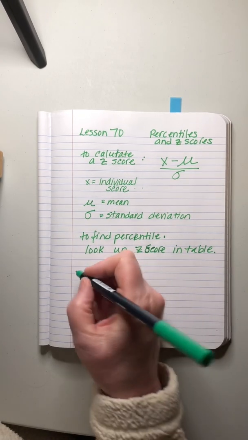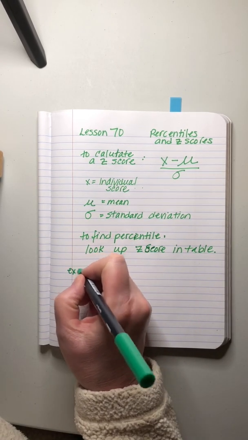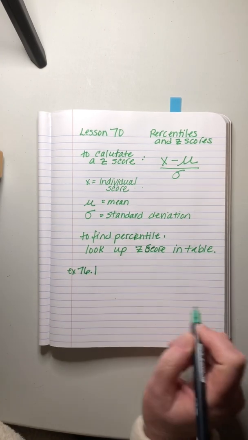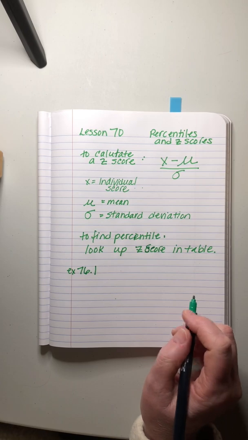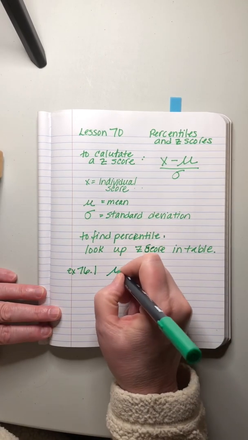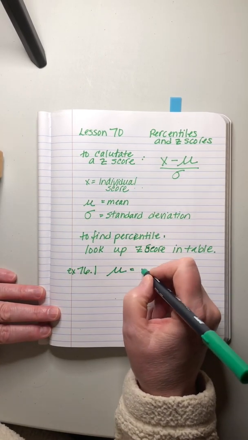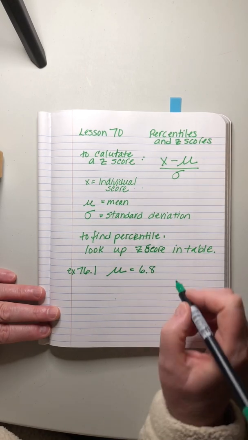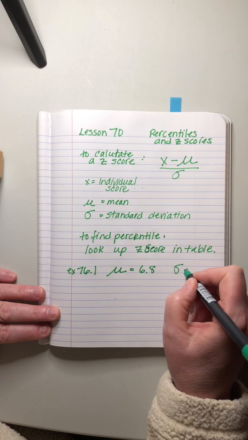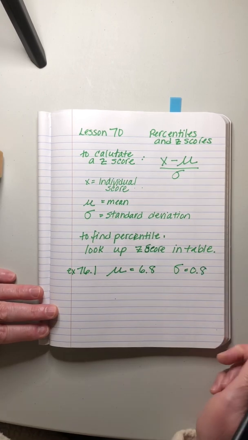The mean weight of the babies born in a metropolitan hospital for 7 years was 6.8 pounds. Okay, so the mean score equals 6.8 pounds with a standard deviation of 0.8 pounds.